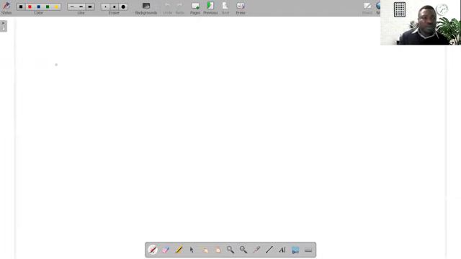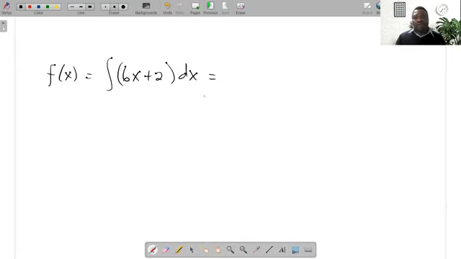So f of x is equal to the integral of 6x plus 2. And by way of the sum and difference, we can split this up as 6x dx plus 2 dx. You can always do this.